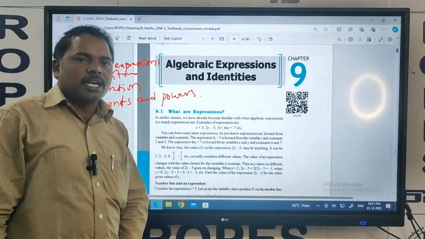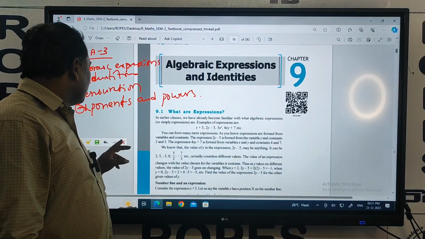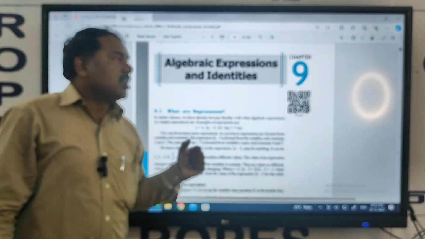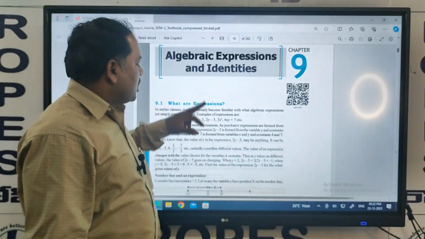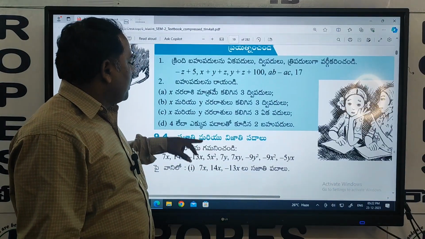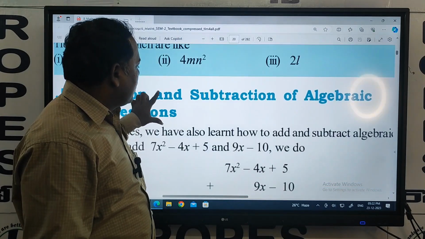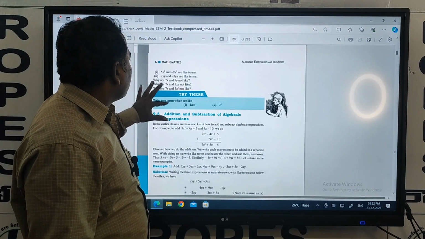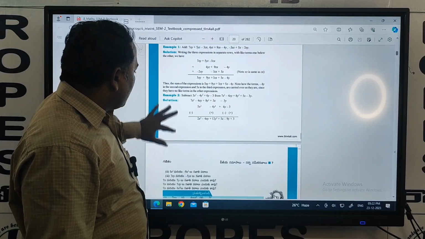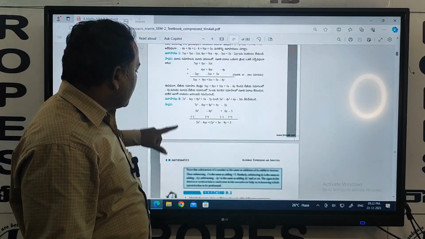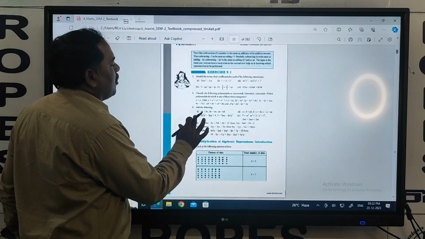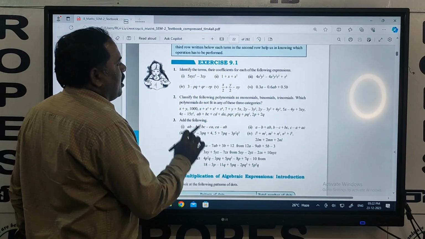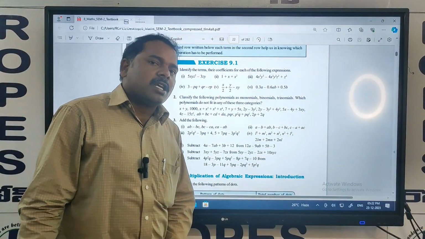Okay, so this is the 9th chapter for us. In this 9th chapter, FA3 syllabus, algebraic expressions and identities. In this one, how to solve the problems. First we'll discuss about, already in our previous classes, we discussed about what is a constant term, and what is a variable term, and what is an algebraic term, and what is algebraic expression, what is polynomial.